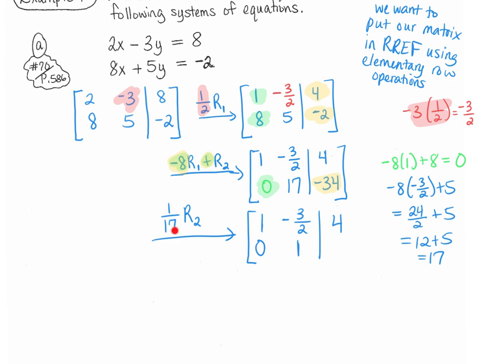Then we have 1 over 17 times negative 34. What is that? Negative 34 over 17, which is negative 2. Good.